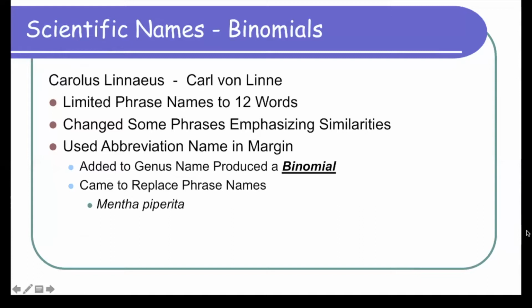He pretty much took out extremely long scientific names by changing some of the phrases that had similarities, and then added the genus. The genus was first, then he added the species afterwards, and before it was just the species alone.